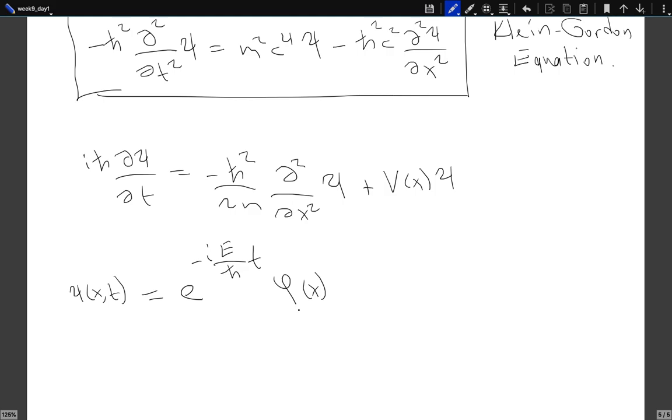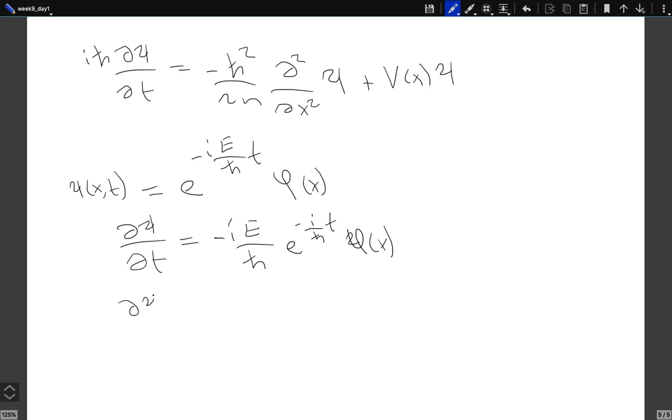We create a particle having a fixed energy. Then how will it change in time? Okay, then it will not change in time. Anyway, so let me take the derivative of this thing. The time derivative is only over here. So it gives me minus i E over h bar times e to the power minus i over h bar E t times phi of x.